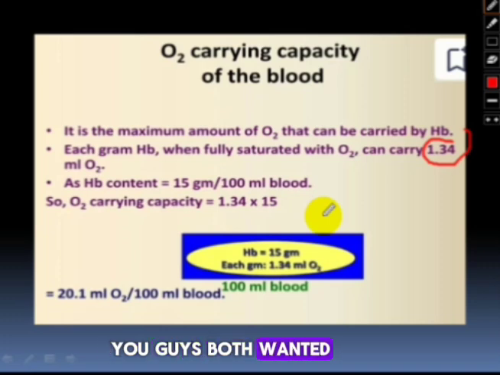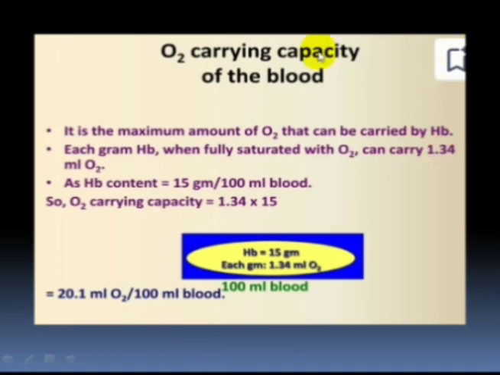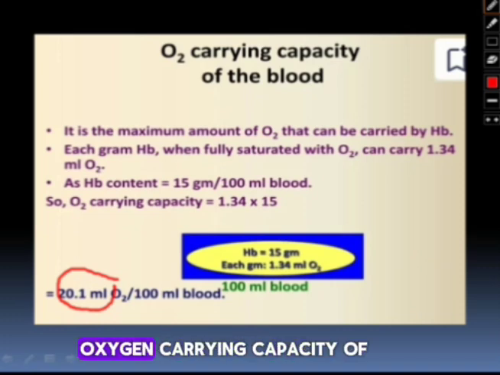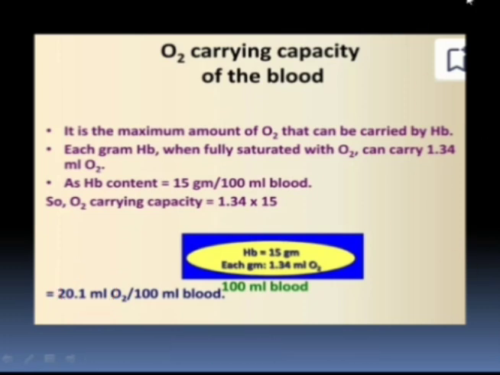I thought you guys got the math. So if you solve the mathematics, you are going to get 20.1 ml of oxygen as the oxygen carrying capacity of the blood. Okay.